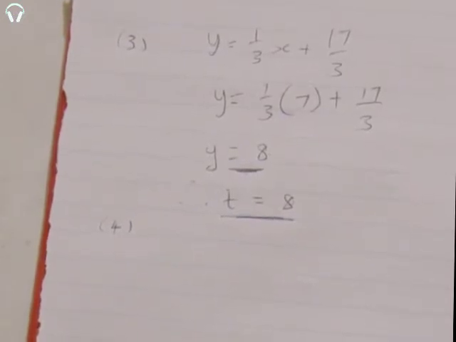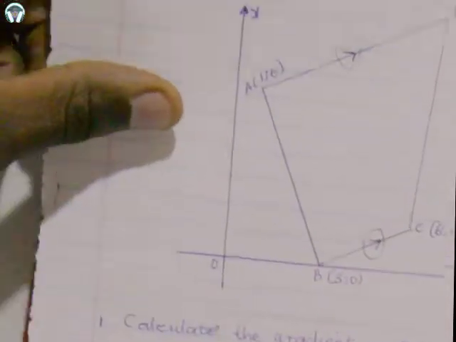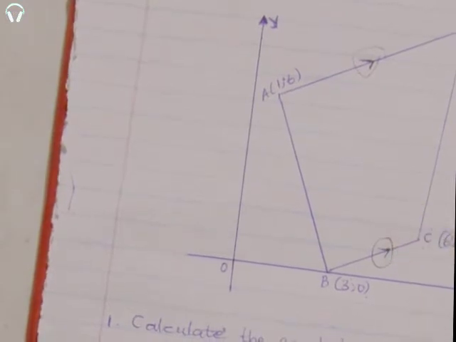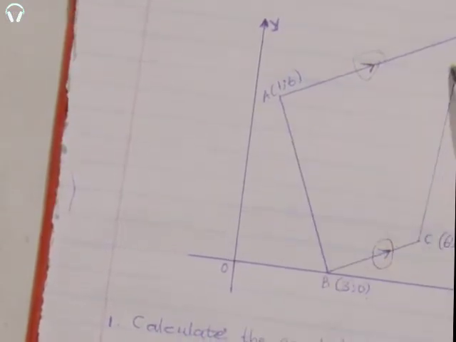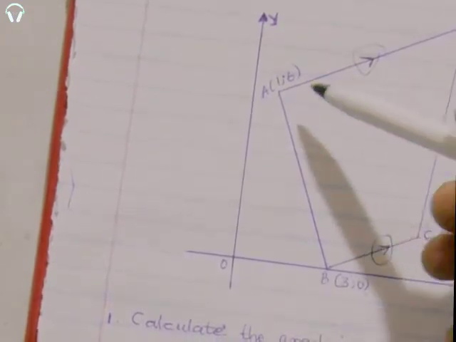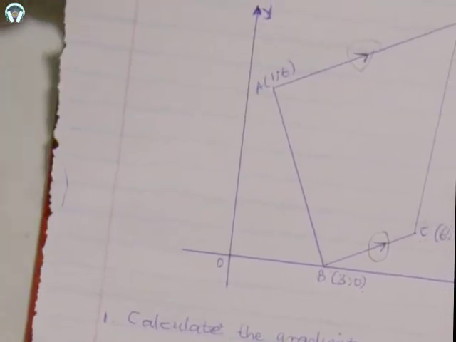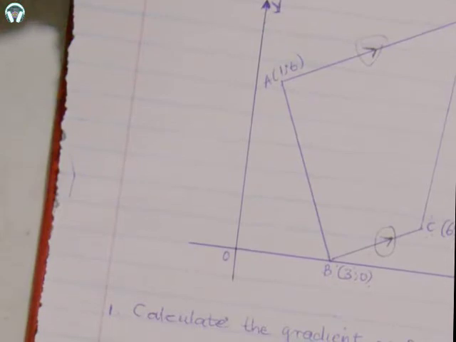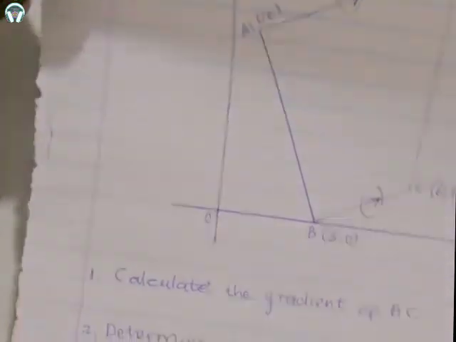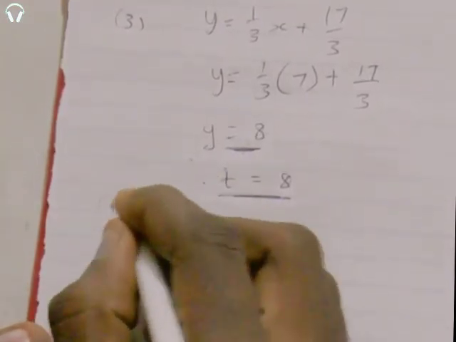Calculate the lengths of AD, BC, and AB. We are required to find the distance between the points A and D, also the points B and C, and also A and B. So in this case, when the examiner requires you to find the lengths of certain lines, you have to use the distance formula, which you can find on your formula sheet.